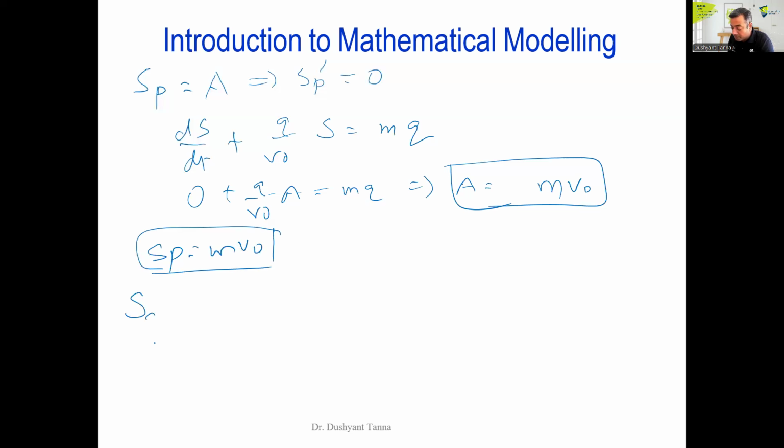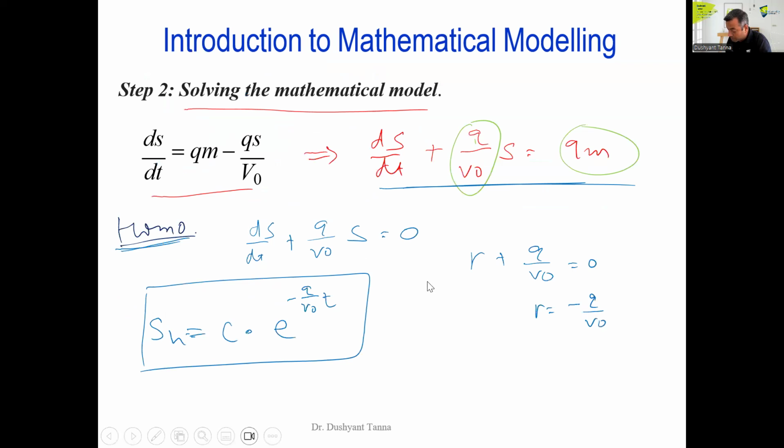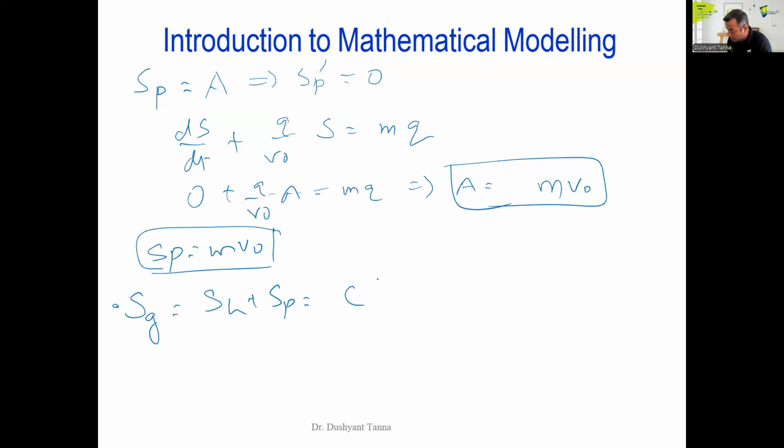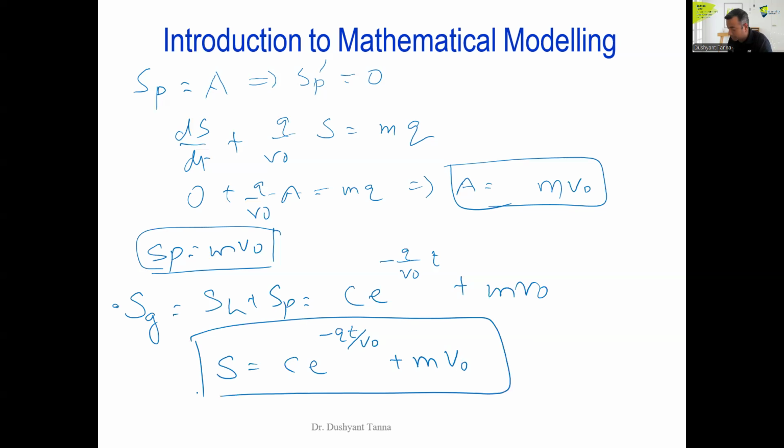And finally, we used to call it SG, the general solution, which is the homogeneous and the particular solution. Homogeneous, as we got it here, was C e raised to minus q over v0 t, and the particular, which is m v0. So this is your S. I'll write it again: C e raised to minus qt over v0 plus m v0.